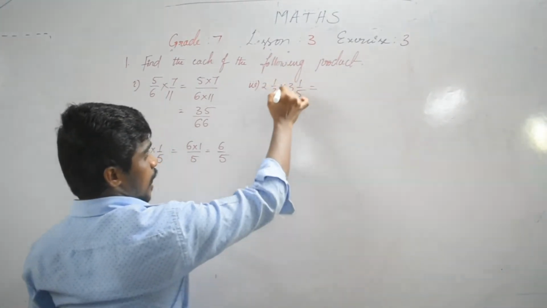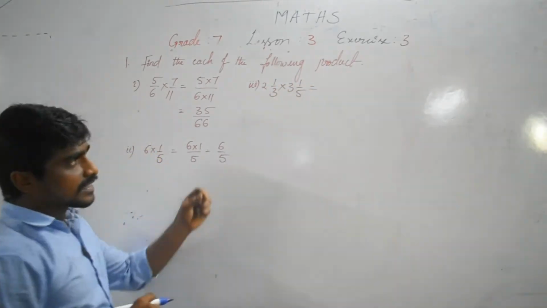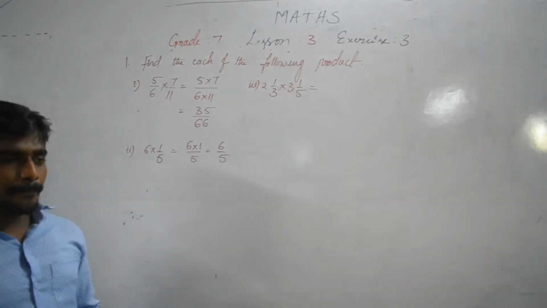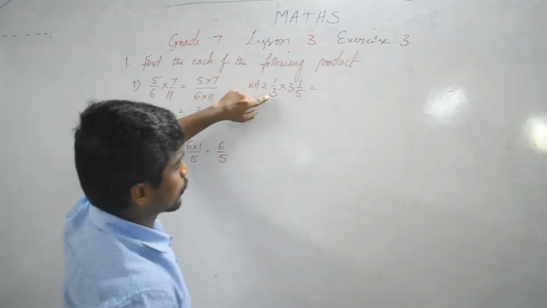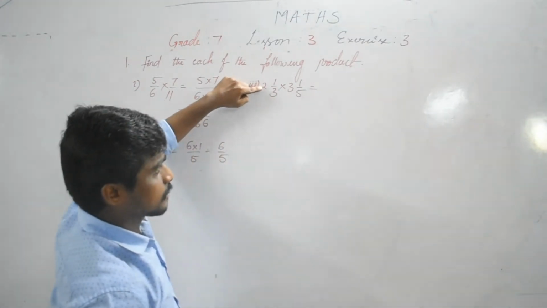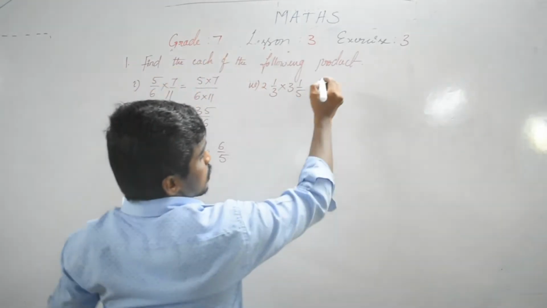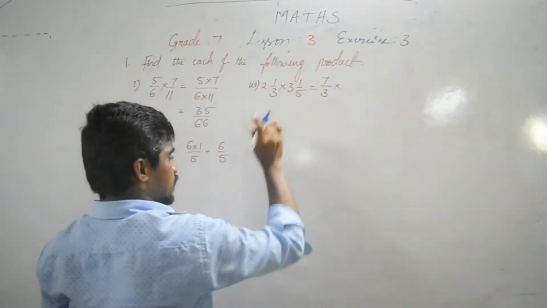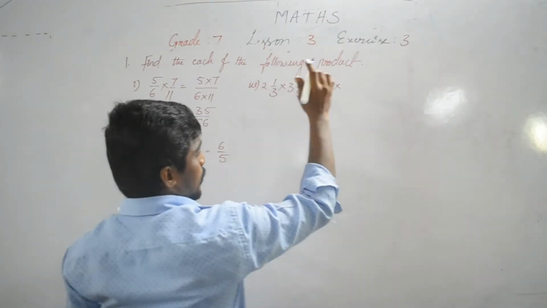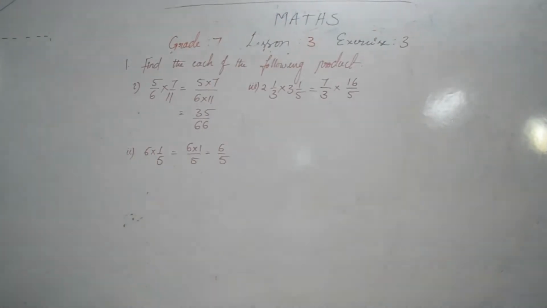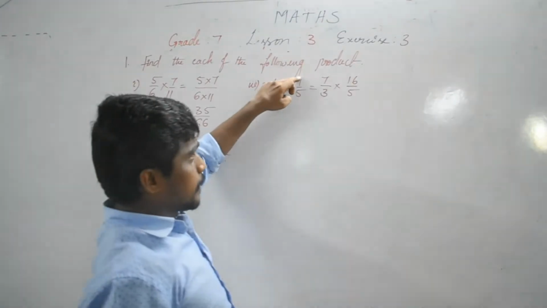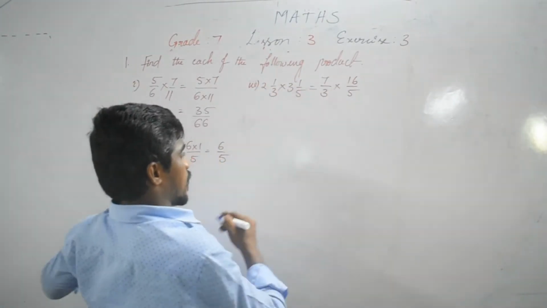These are mixed fractions, so convert them to improper fractions. 3 2s are 6 plus 1, 7 by 3. 5 3s are 15 plus 1, 16 by 5.